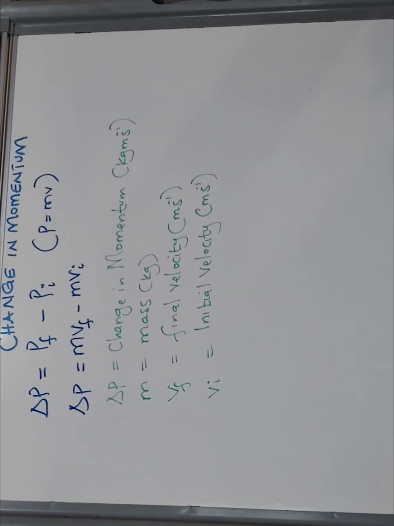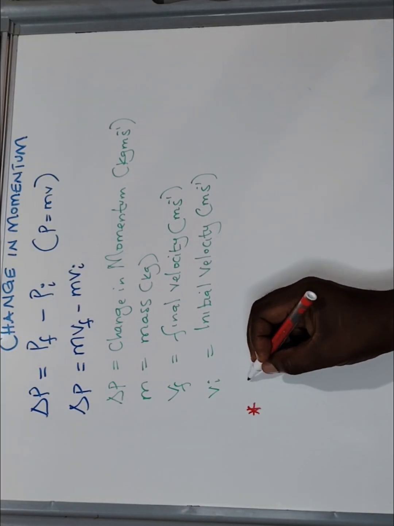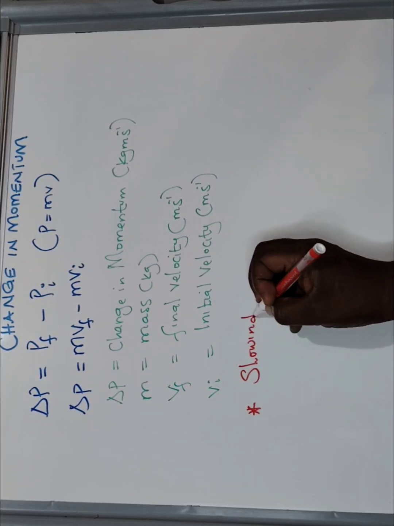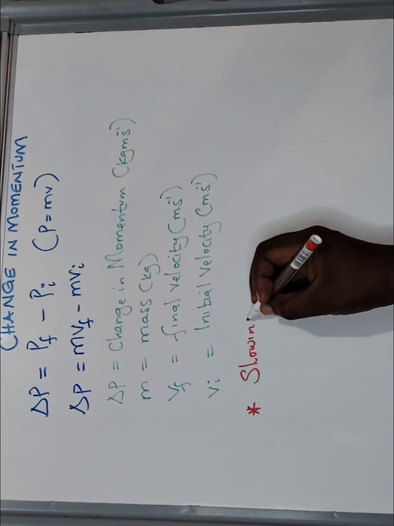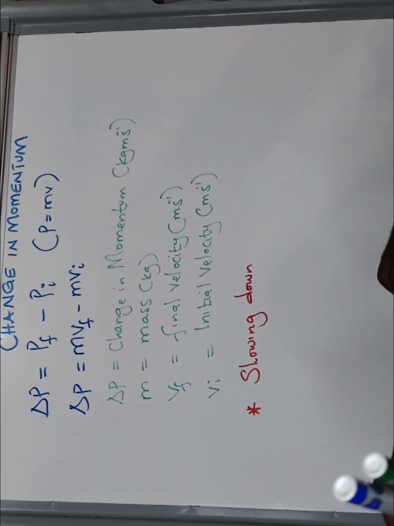So there we are. Now I need to tell you that the changes you are going to experience here are going to be under these categories. First, we are going to look at changes during slowing down, meaning that the final velocity is going to be smaller than the initial velocity.